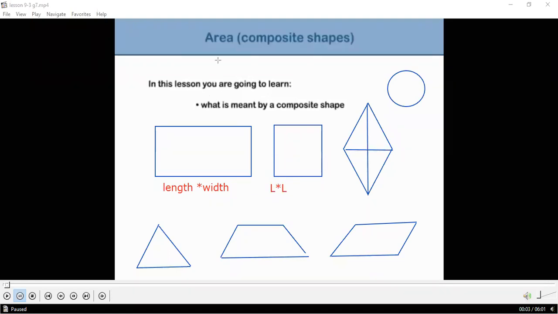The line which connects two non-consecutive vertices is called what, grade 7? Diagonal. Yes, it's called a diagonal. To find the area, we take half the product of the two diagonals, which means half times D1 times D2.